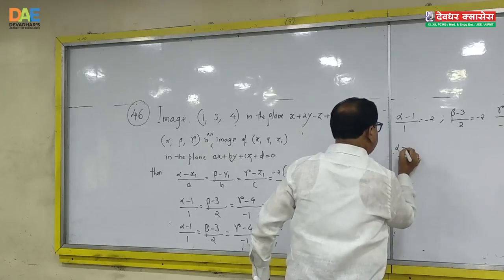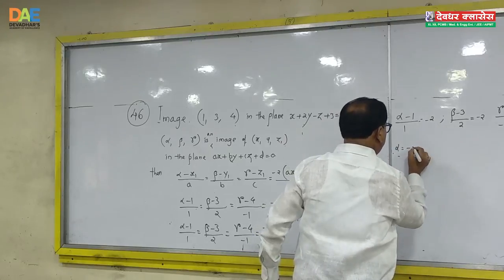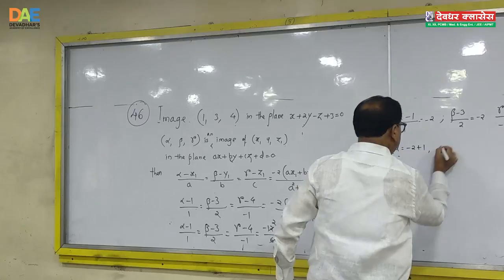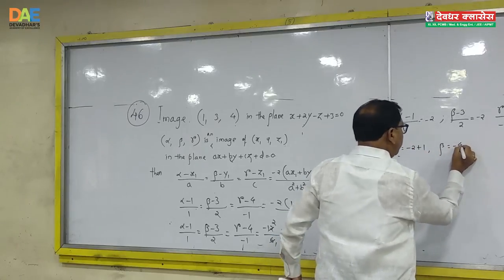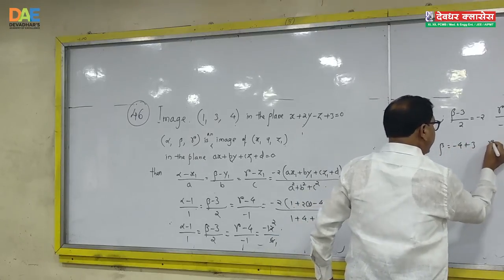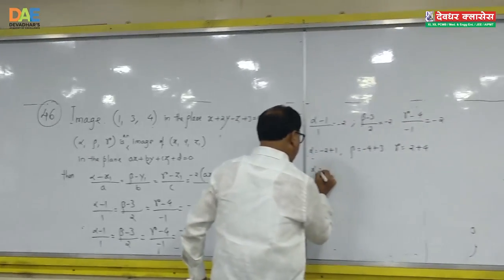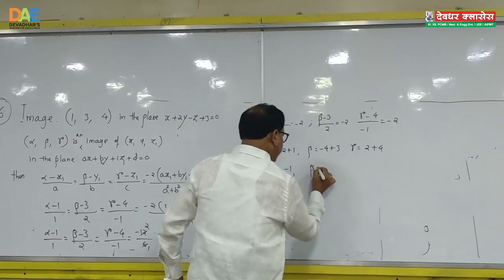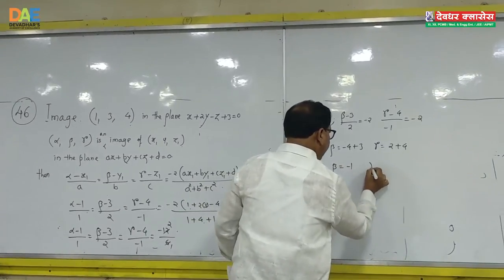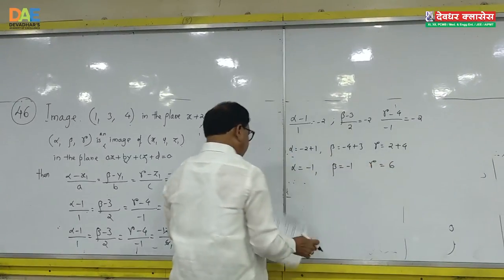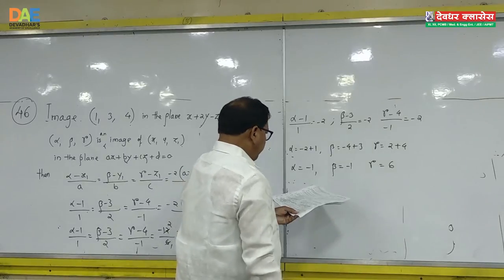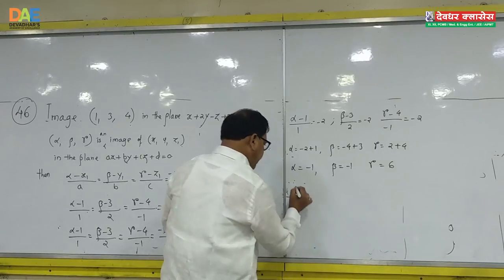Therefore, alpha is equal to minus 2 plus 1, beta is equal to minus 4 plus 3, gamma is equal to 2 plus 4. So alpha is equal to minus 1, beta is equal to minus 1, gamma is equal to 6, and therefore the image is (minus 1, minus 1, 6).